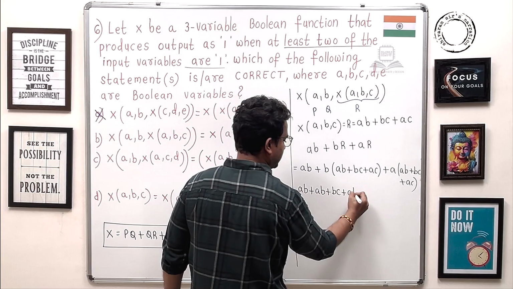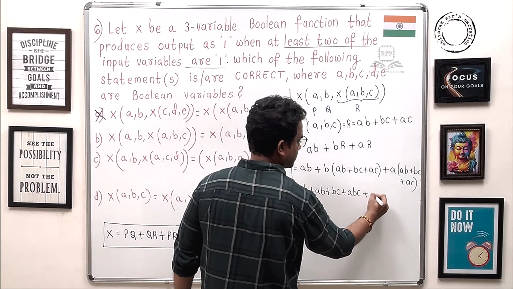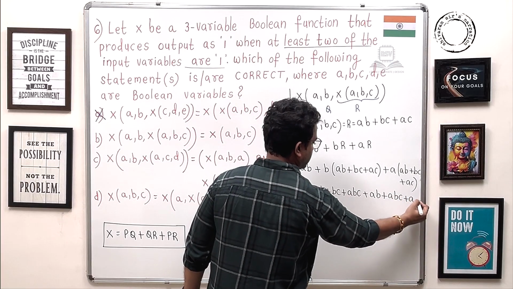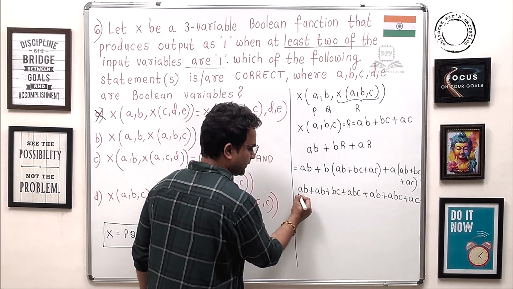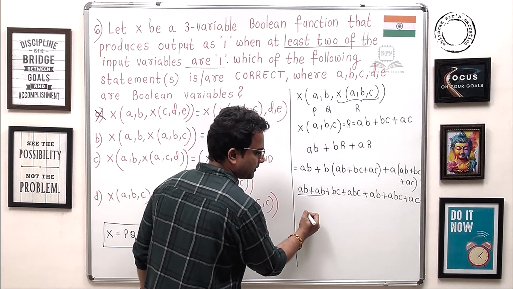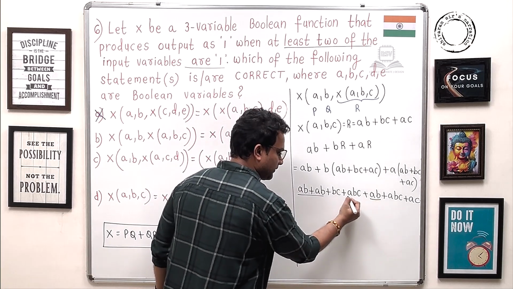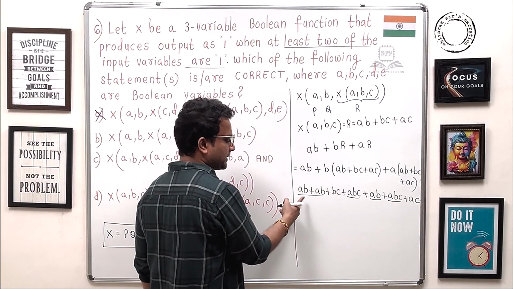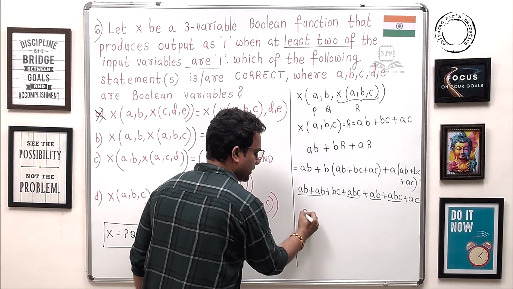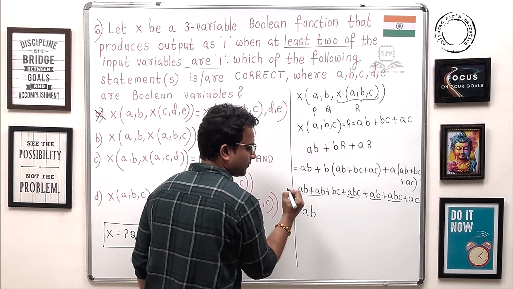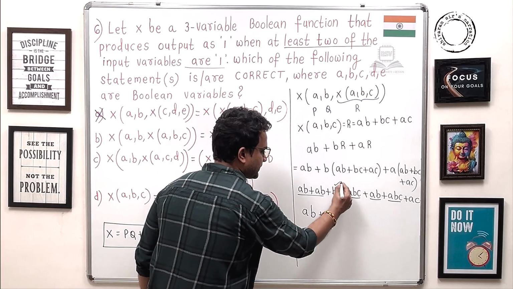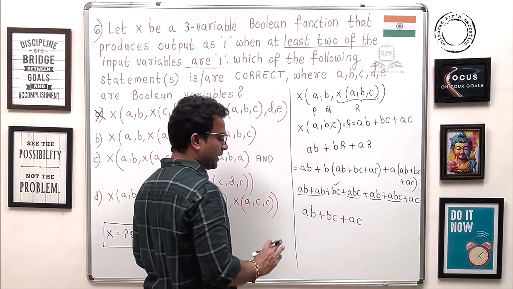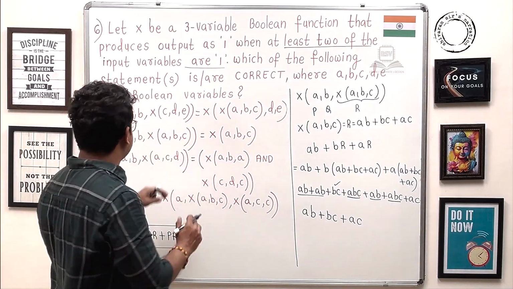Okay? Now for option B, ABC plus AB, ABC, AC. Now guys, here this is AB, AB, AB, even ABC, ABC. So you take AB as common, then you will get AB. Now BC as it is, AC as it is. So we got AB plus BC plus AC, the LHS term.